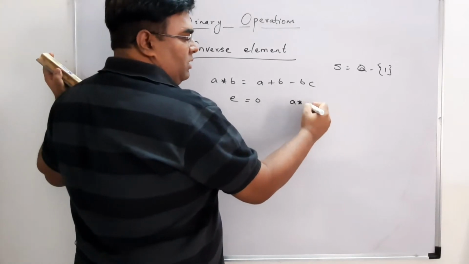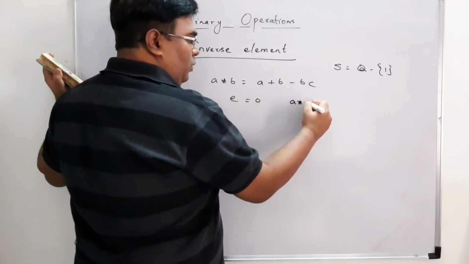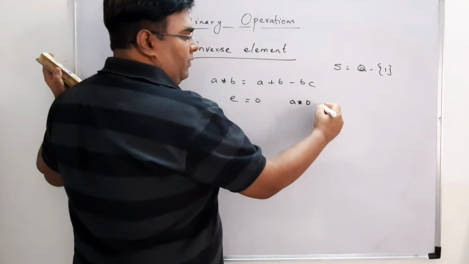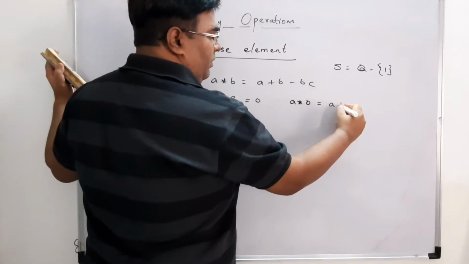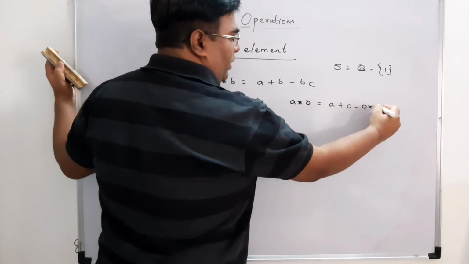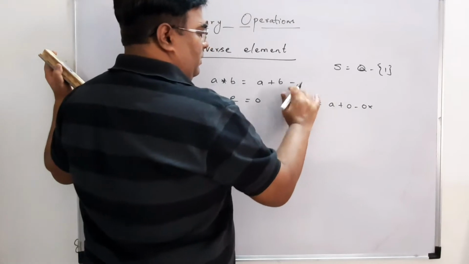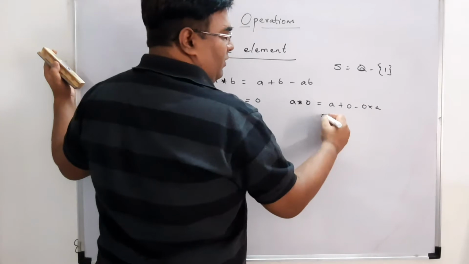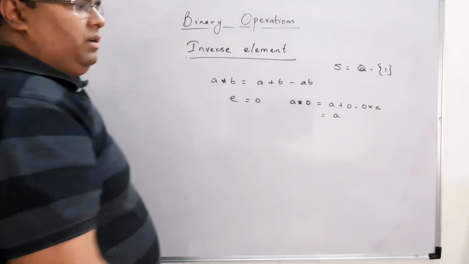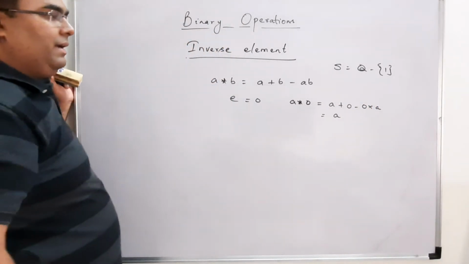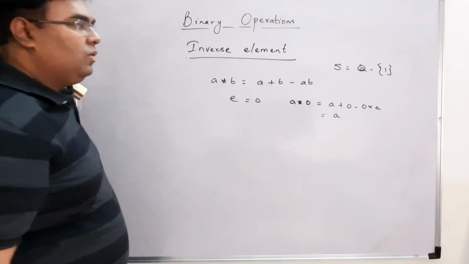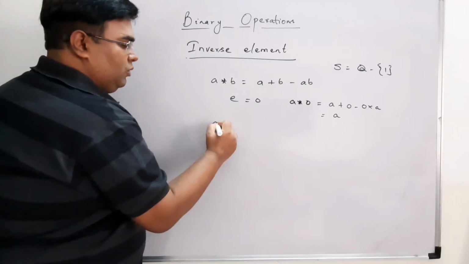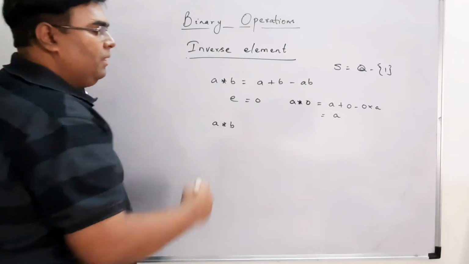A star 0 will give you what? A plus 0 minus 0 into A, sorry, not ABC, it is AB. 0 into A, which will give you A, right? So this is my identity element. Now we want to find the inverse. So let us take another example here.